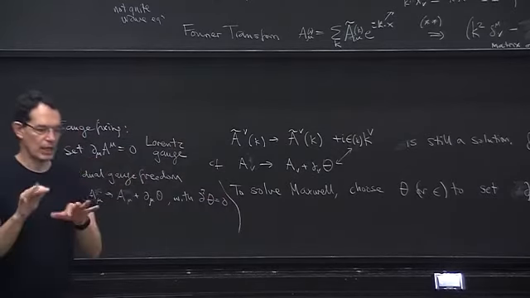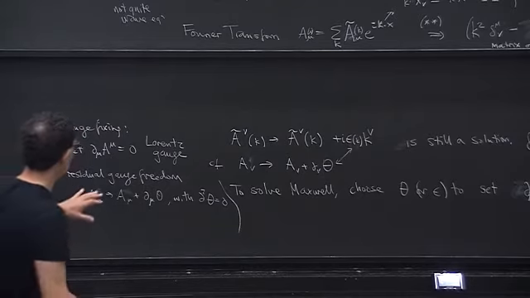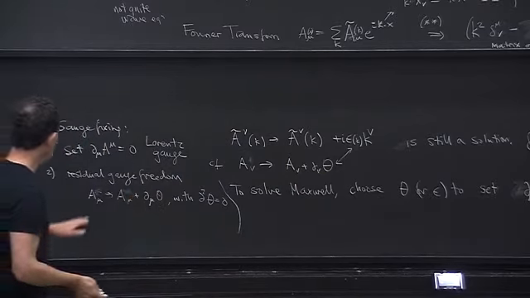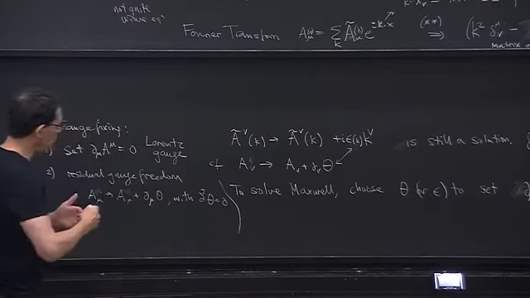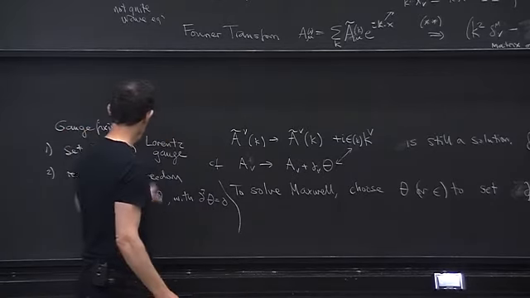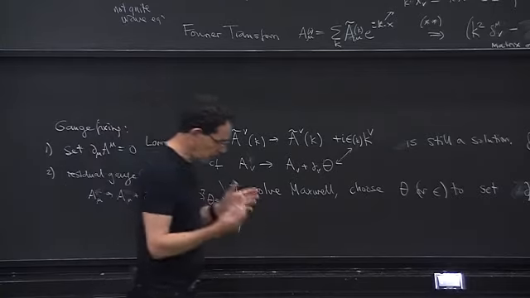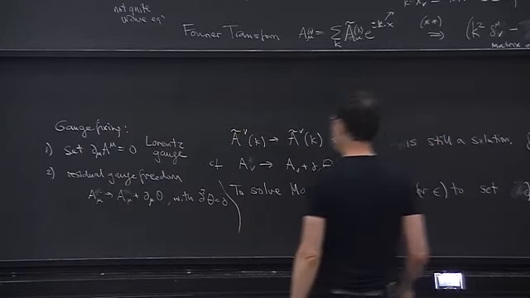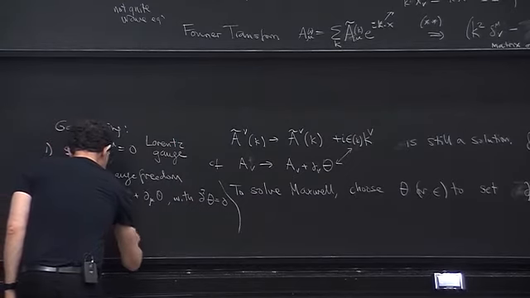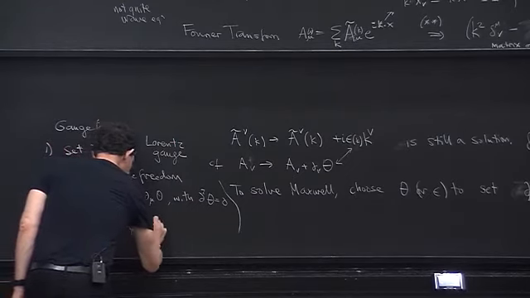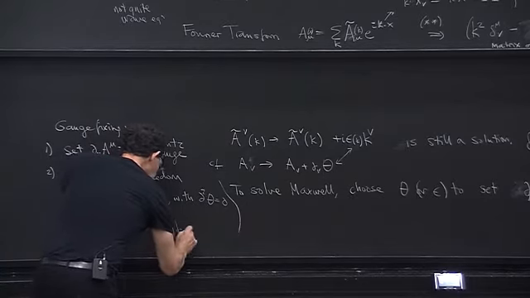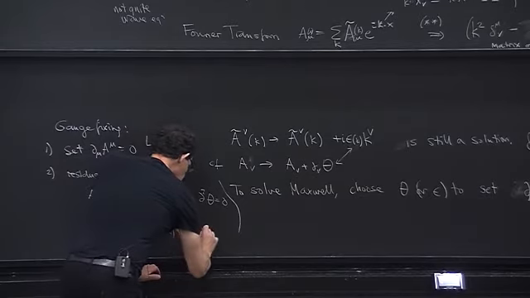So even when you fix the gauge freedom, but you use up this freedom to set d mu a mu to 0, there's a residual gauge freedom because you can always shift A by something proportional to k that doesn't affect this condition because k squared is 0. Okay, so a mu twiddle goes to a mu twiddle plus i epsilon k mu with k squared equals 0.